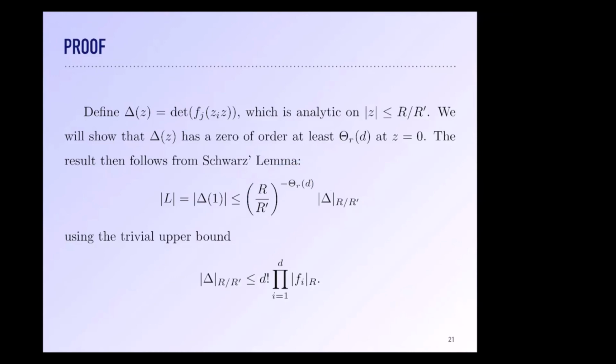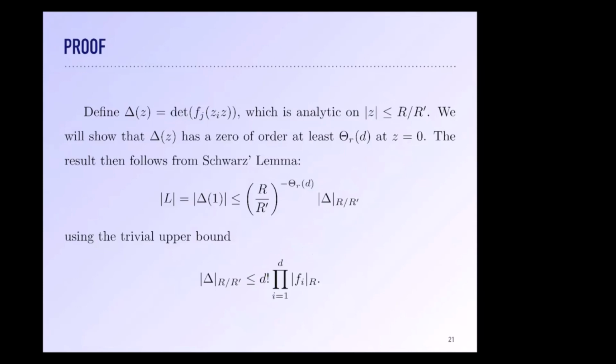And now we use the purely naive, trivial upper bound. This is a product of fi's evaluated at points on the disk of size r, and you multiply those all together. That's how you think of a determinant as a sum over the permutations of all the ways you can traverse the matrix, and there are d factorial such permutations, so you add them together.